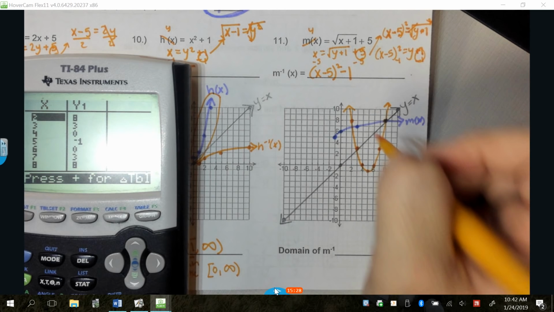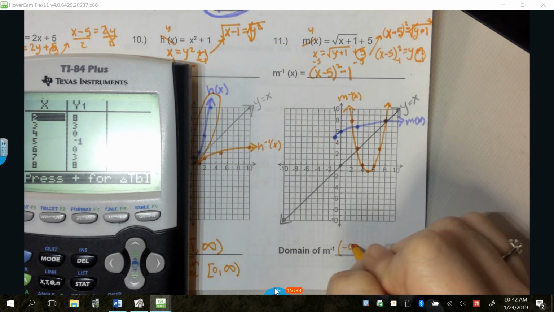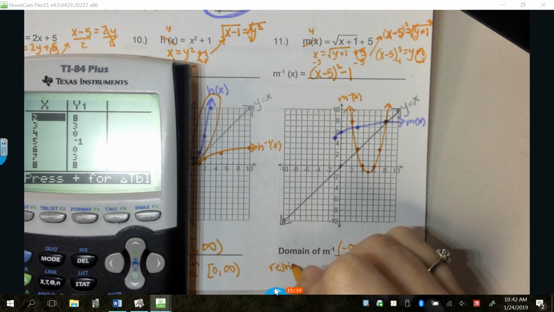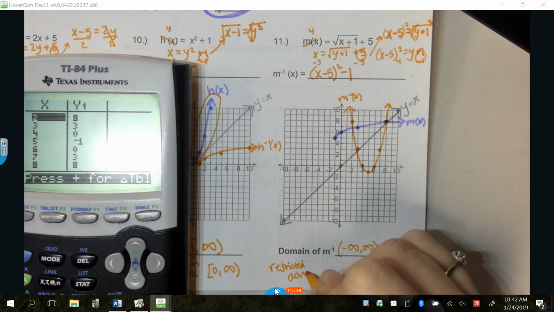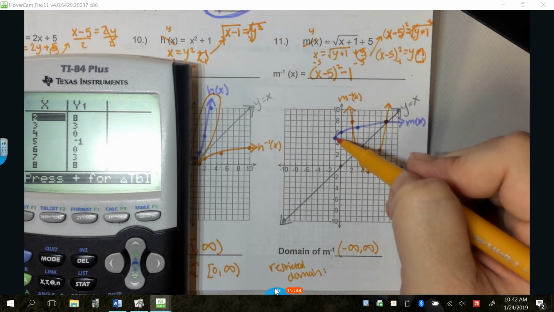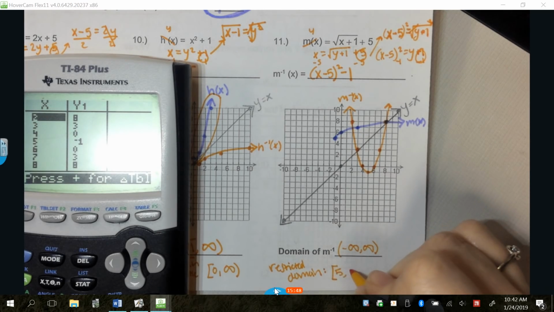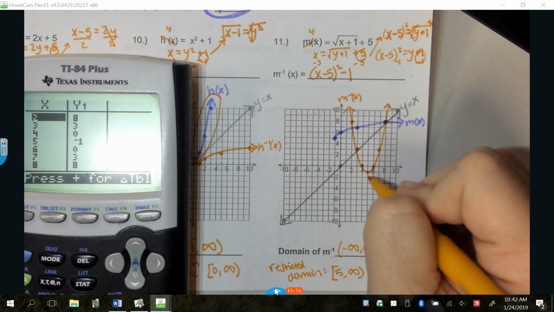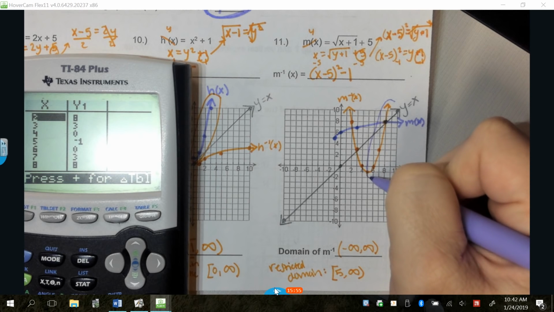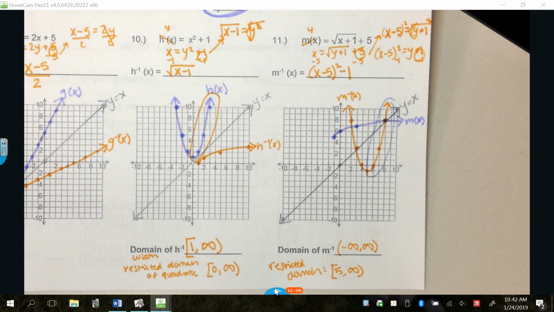So here the domain of the inverse is negative infinity to infinity. What would the restricted domain be? So remember, it's going to be the range of this, so this goes lowest is 5 and goes up forever. So 5 to infinity. I'm going to circle it with this color. From 5 to infinity would be this side, and that is the perfect reflection, so that is correct.